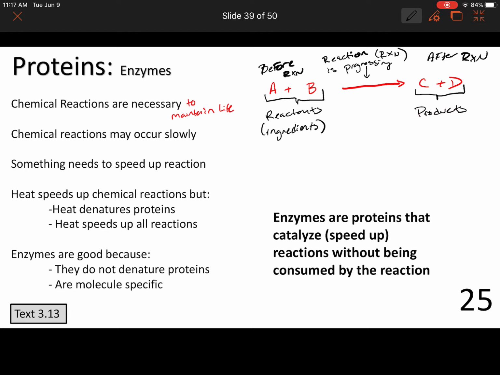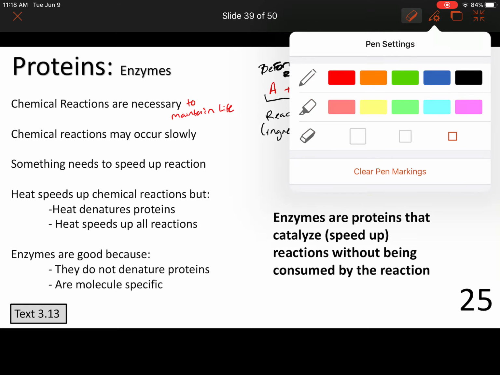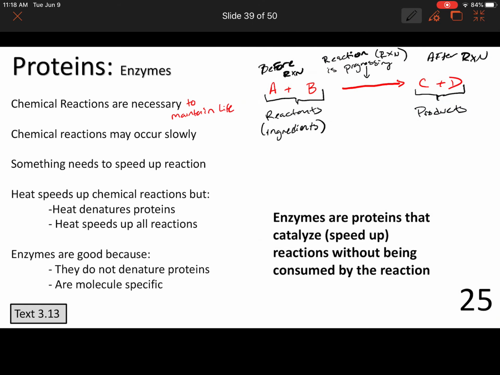And then what you have on the right is after the reaction, your new molecules, and these are called your products. You haven't created new matter here. The products have the same types and numbers of atoms as were in the reactants, just arranged in different combinations.